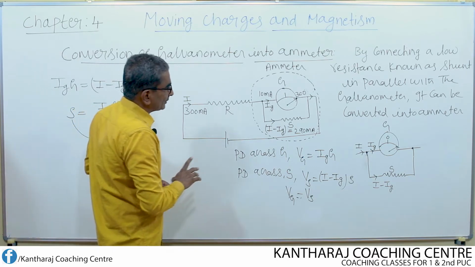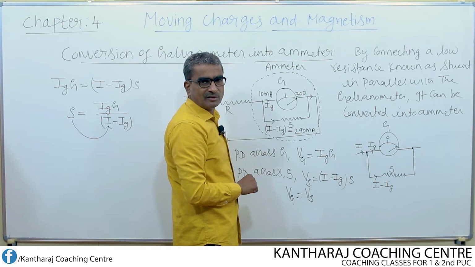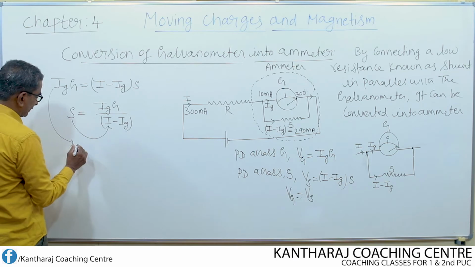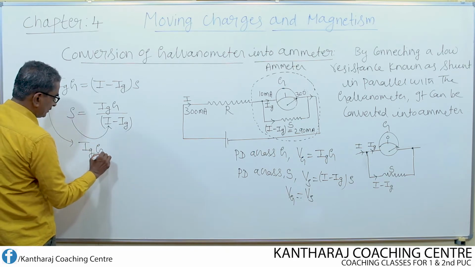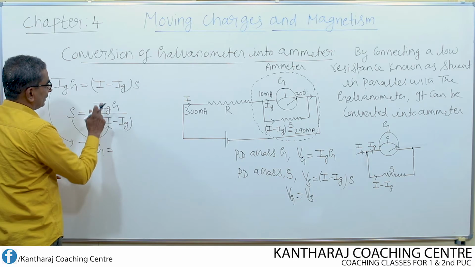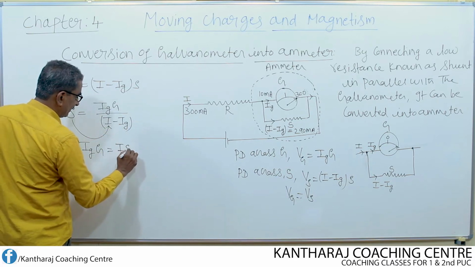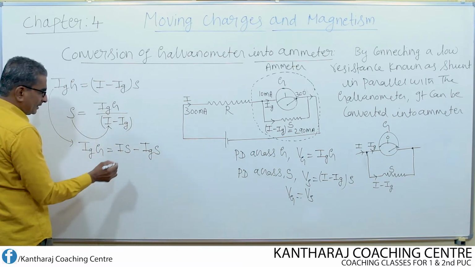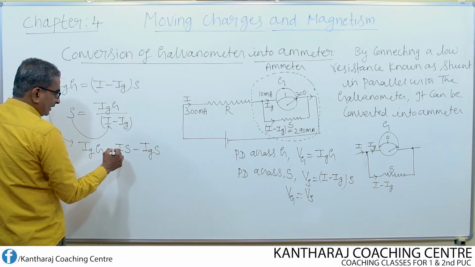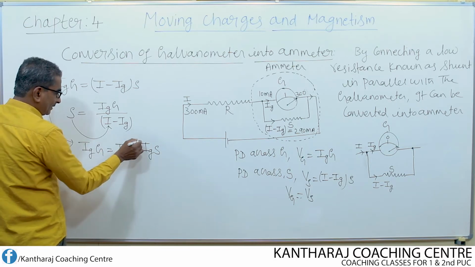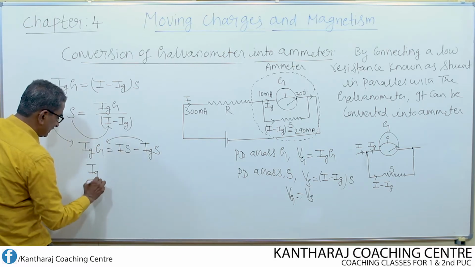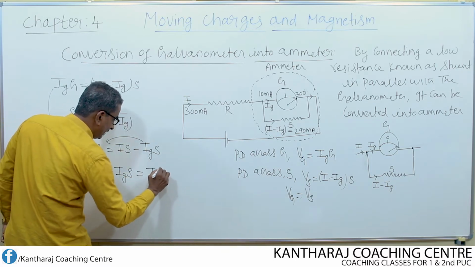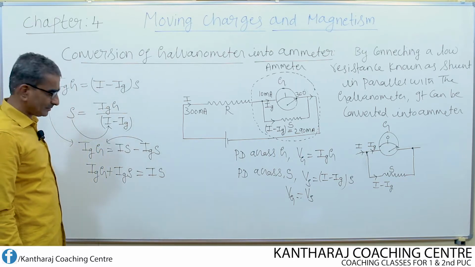Now here we wrote something here, 300. Okay. Come back to this equation now. I simplify this equation further. Look here, Ig into G equal to, now multiply, I into S minus Ig into S. Okay. Now shift this to this side. If I shift this to this side, then what happens? Look here, Ig into G plus Ig into S equal to I into S. Understand?